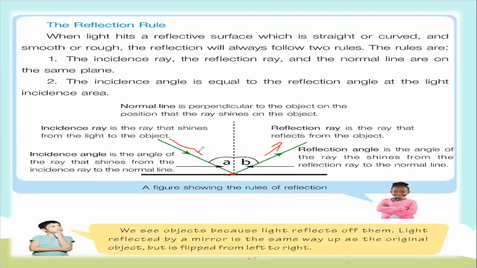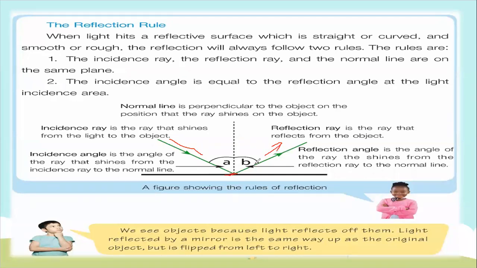The incidence ray shines from the light source, and this one here on the right side is the reflection ray, the ray that reflects from the object.